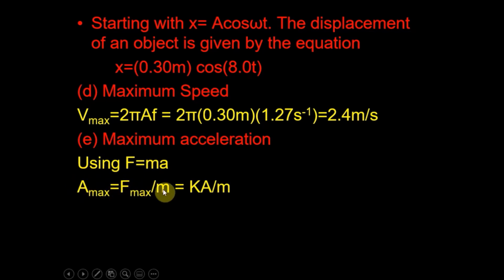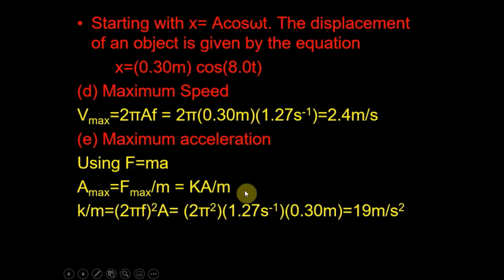It has been capitalized. So this will be k times amplitude over mass here. Substituting in, we can say k over m will therefore be 2 pi f squared, times A. This will give us 2 pi squared times 1.27 times 0.3, which will give us 19 meters per second squared.